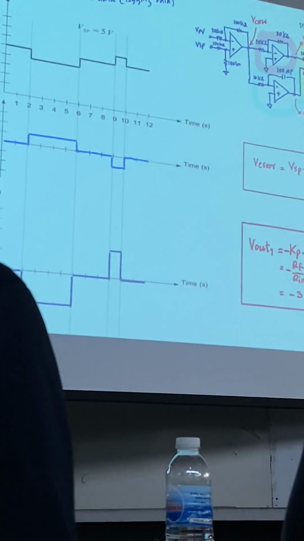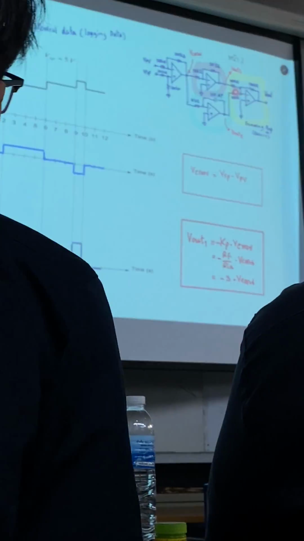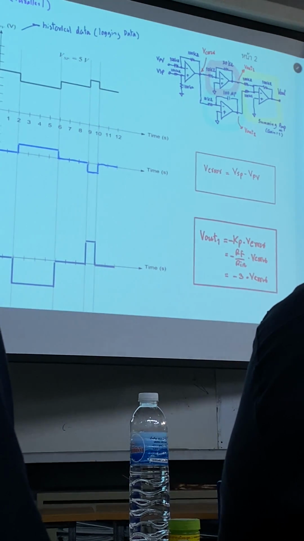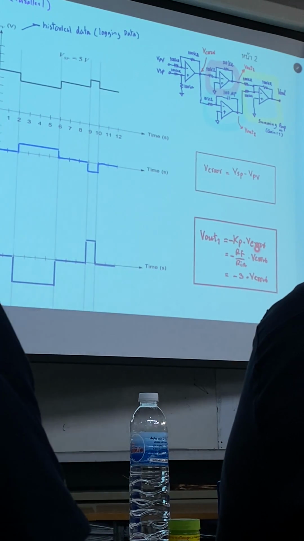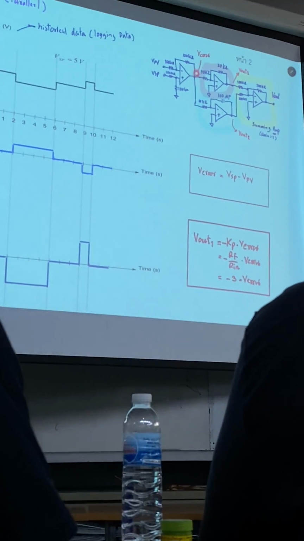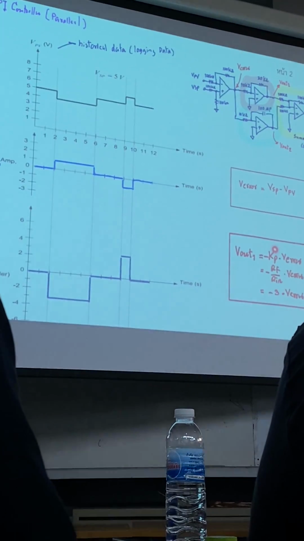Then the second graph is the response of the P controller at the output. So the output from the P controller is equal to gain multiplied with V error at the input. The input of the inverting amplifier is the error, then we have to multiply by the gain.